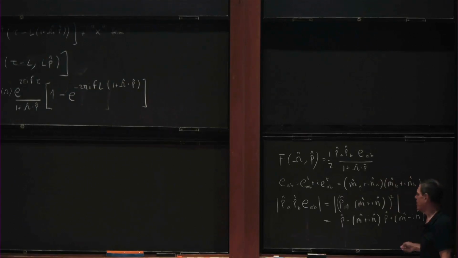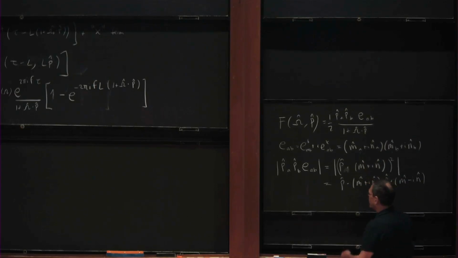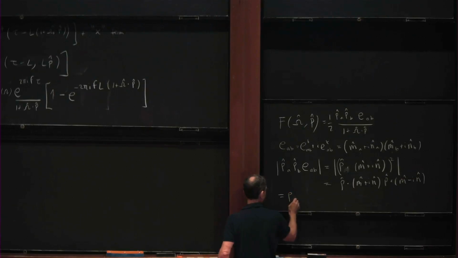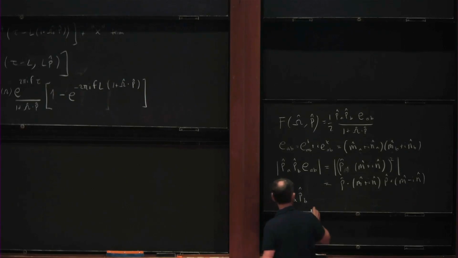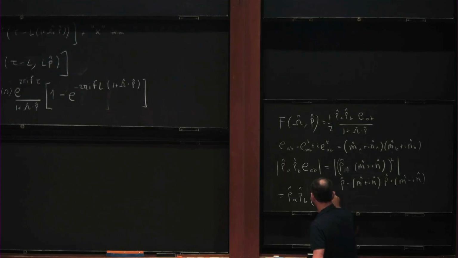So the modulus of the square is the square of the modulus. And I can write that, using indices is actually kind of handy now: p̂_A p̂_B, there's an m̂ m̂ here, plus an n̂_A n̂_B.